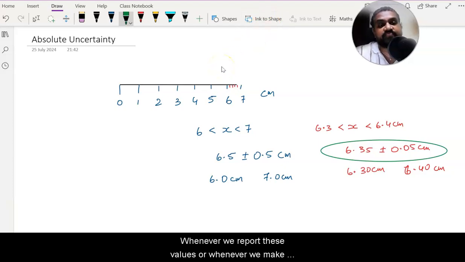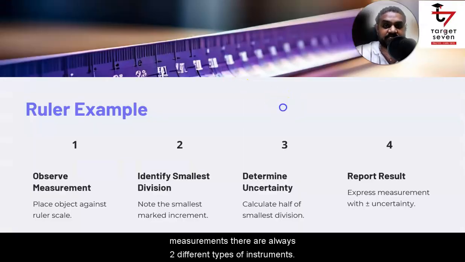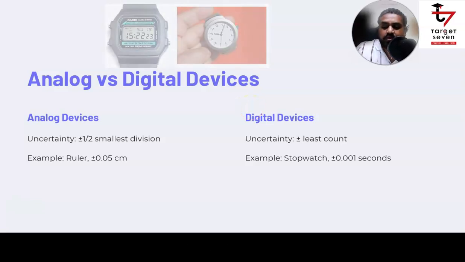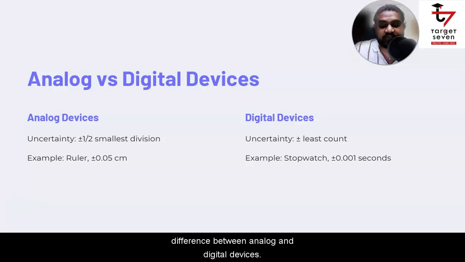Whenever we make measurements, there are always two different types of instruments: analog and digital devices. To express the absolute uncertainty of various measuring instruments, it's essential to understand the difference between analog and digital devices.